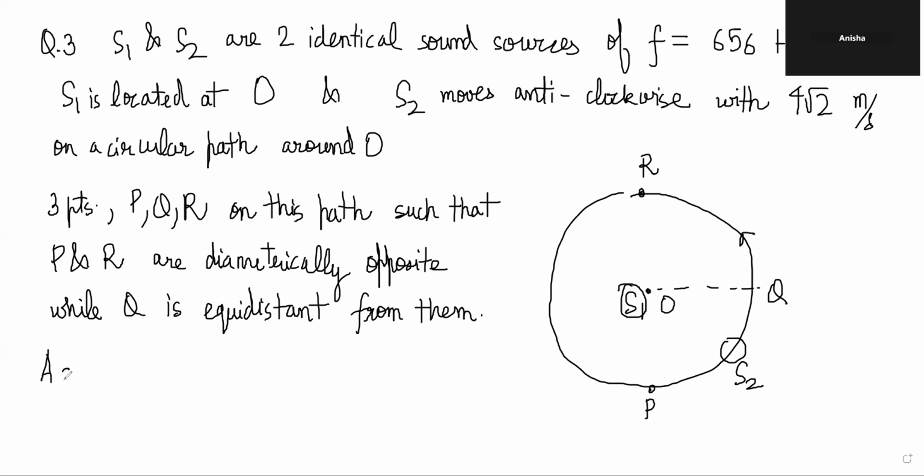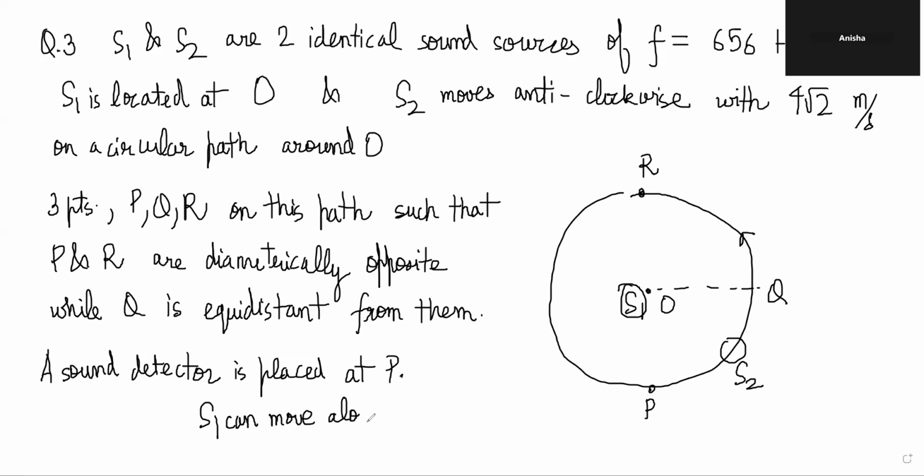A sound detector is placed at P. S1 can move along the direction OP, and the speed of sound in air is given as 324.